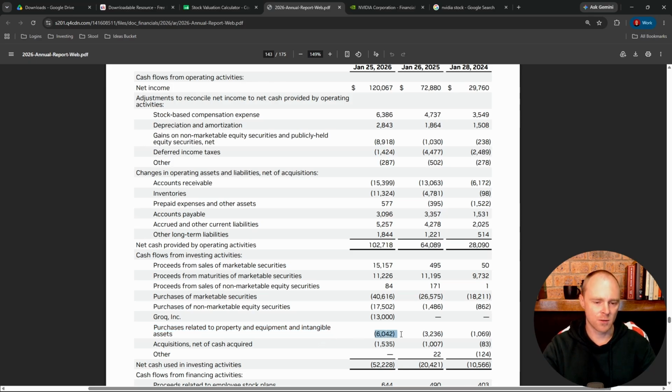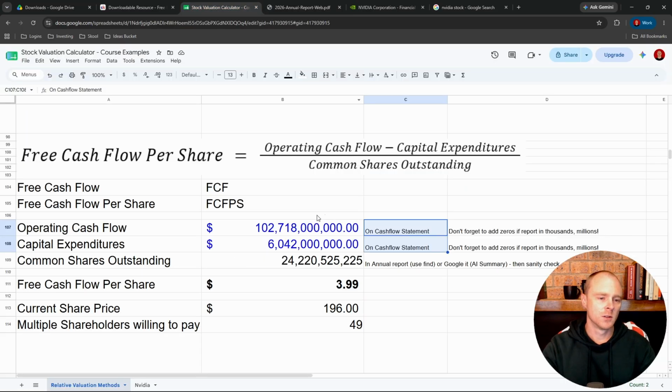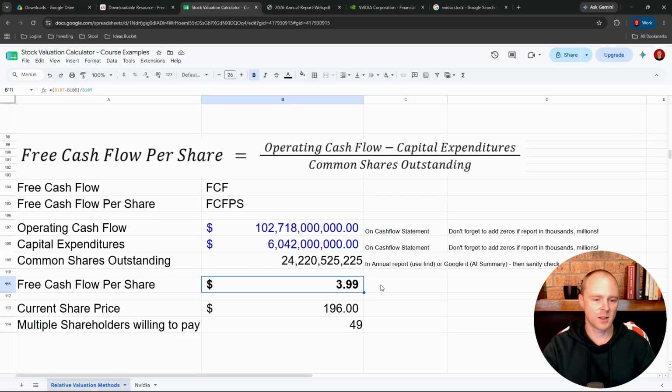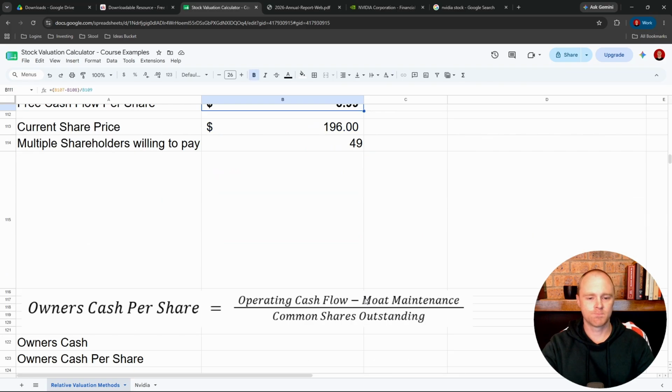That is our capital expenses. All we're going to do is get this number and subtract that. We calculate that it's $3.99. So in free cash flow per share, people are willing to pay 49 times the multiple of that.